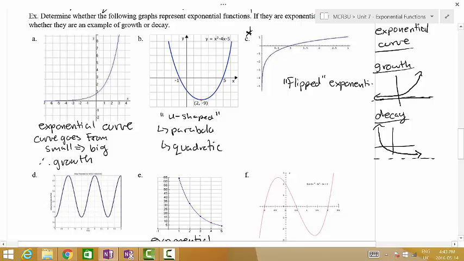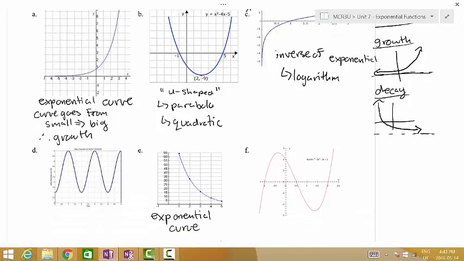But because it's flipped, we don't call it exponential. This is actually, maybe flipped isn't the right word, it's the inverse of an exponential, which we call a logarithm.